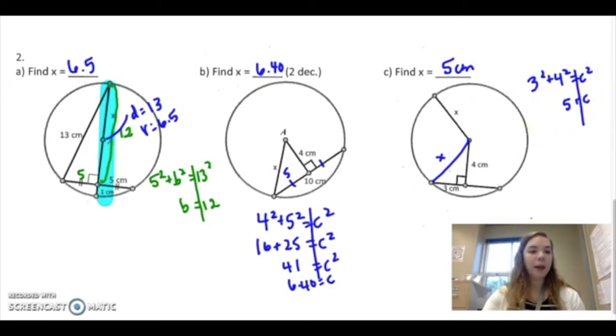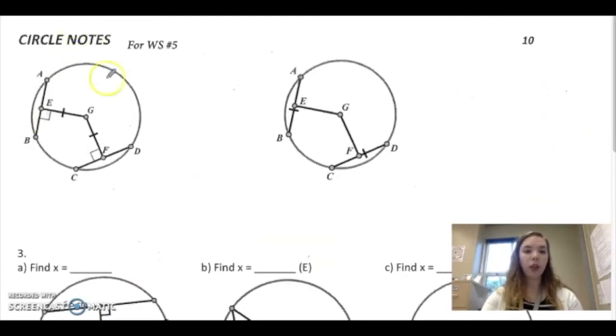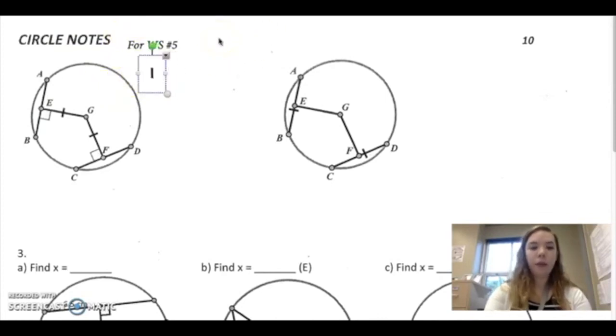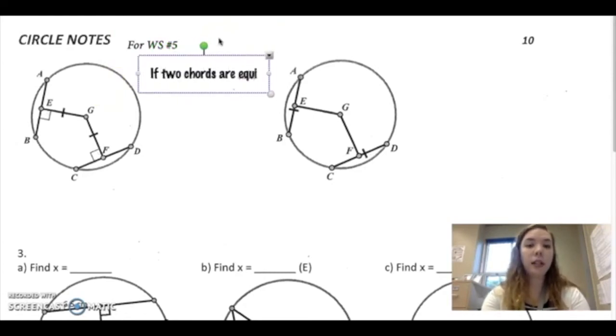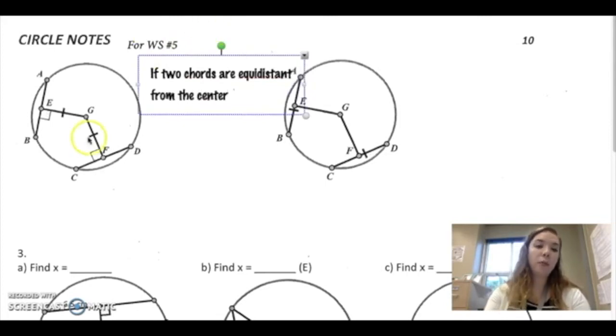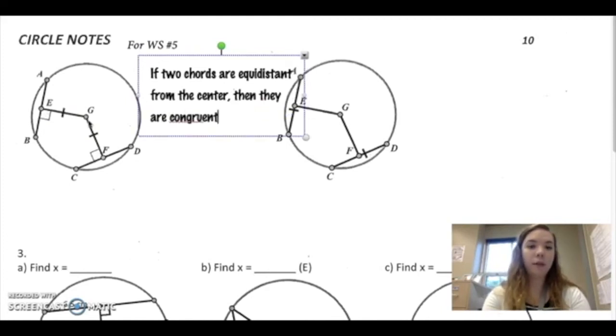Okay, next page. Last theorem we're talking about today says if 2 chords are equidistant from the center, which just means they're the same distance from the middle, then they are congruent.